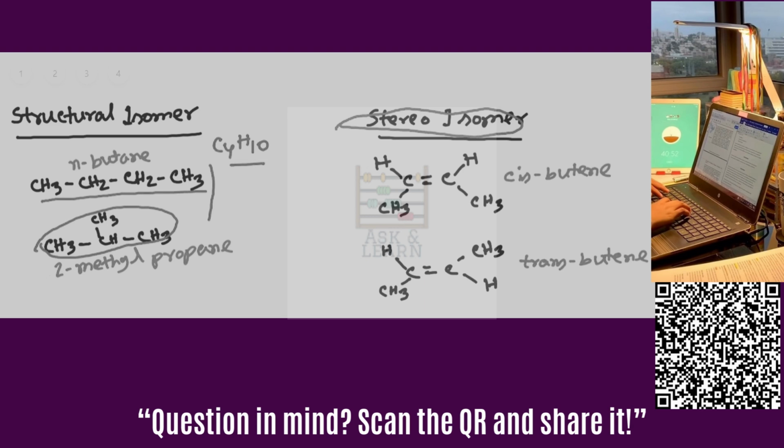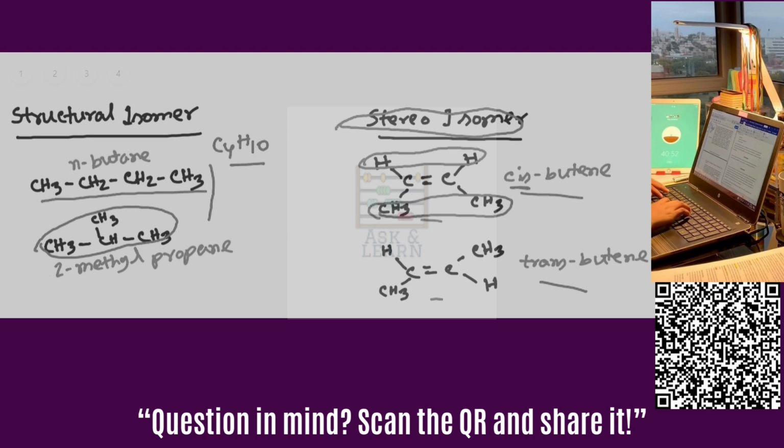Like in this example, we have two structural formulas here, where you can see that in the first one, we have both the hydrogen atoms on the same side and the methyl groups on the other side. So this kind of arrangement or spatial orientation is termed cis isomerism.